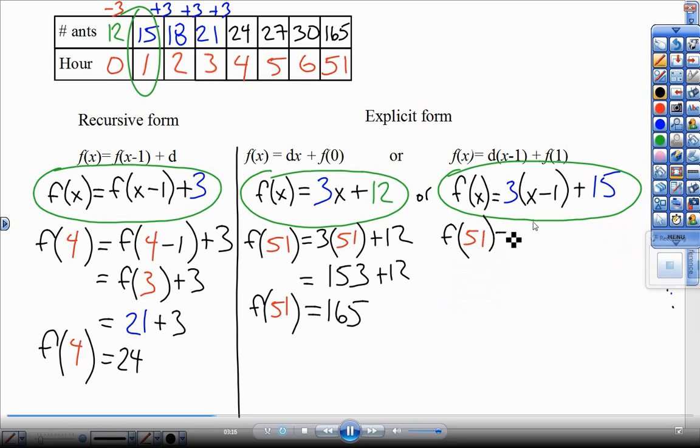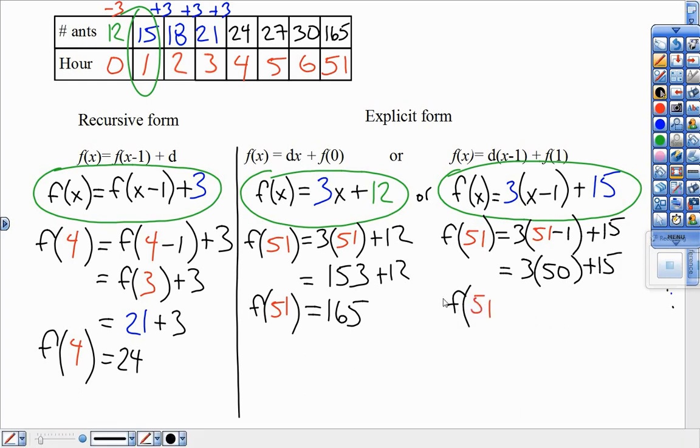I would leave that 3 alone and plug in the other 51 right here and subtract 1, plus that 15 from the first term. That gives me 3 times, in parentheses, 50 plus 15. And of course that gives me 150 plus 15.